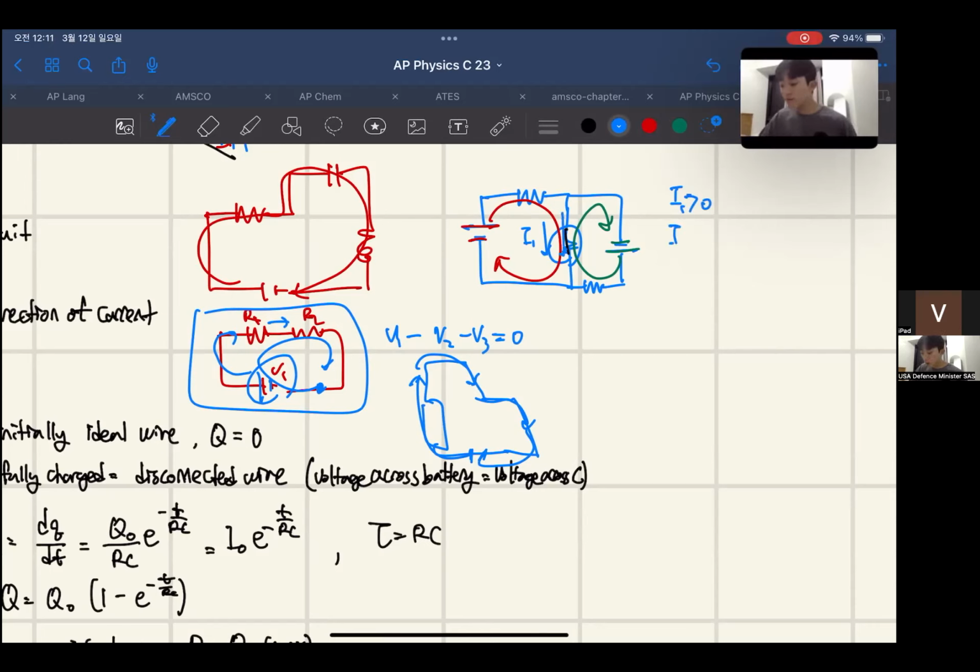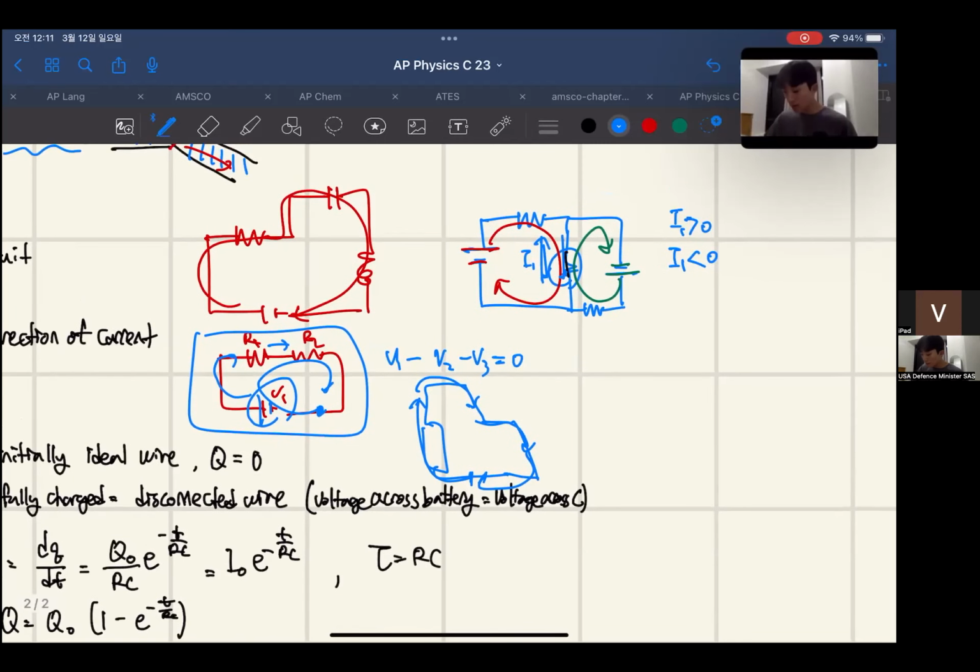If your assumption was wrong, if I1 was less than 0, then it means that the current will flow in the different direction, but the amount of current that's flowing would be the absolute value of I1. So even if your assumption is wrong, the only thing you would have to do is change the direction of this current, and the amount of current that flows would be the same. So it's not a big deal.